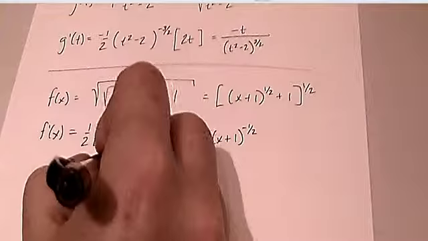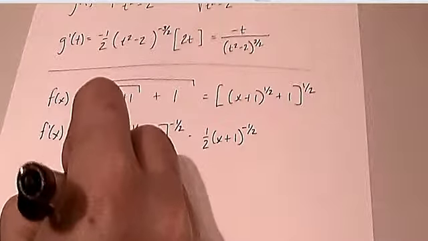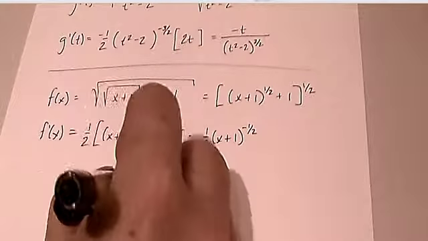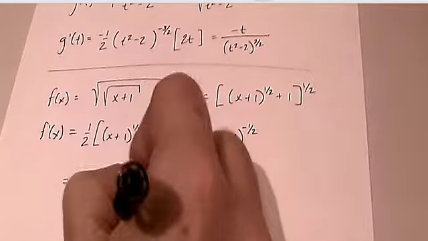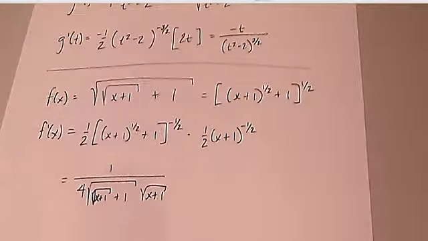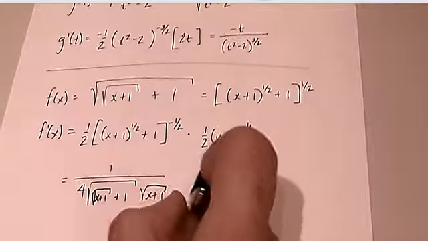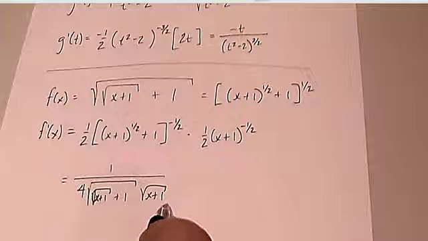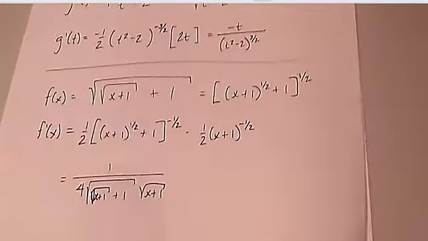And of course that simplifies rather easily. Nothing but a 1 goes in the numerator, and we have 4 x plus 1 plus 1 and then x plus 1, right? Because that whole thing to the negative 1/2, that's here, and then just the smaller to the negative 1/2, and there we go.